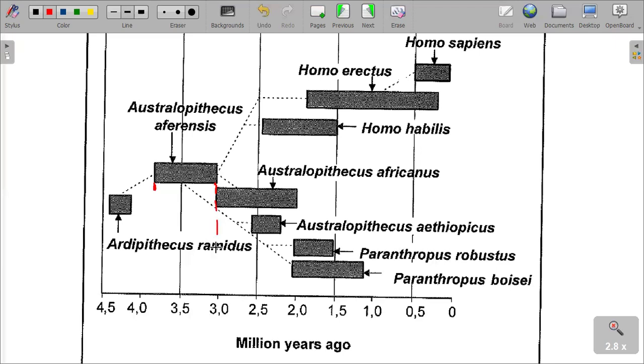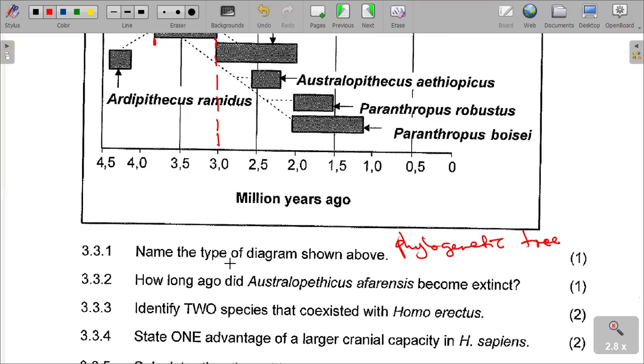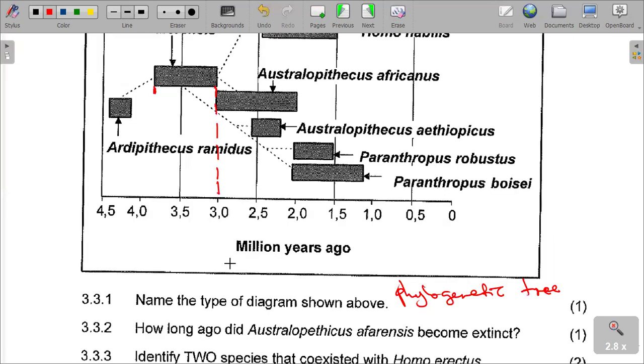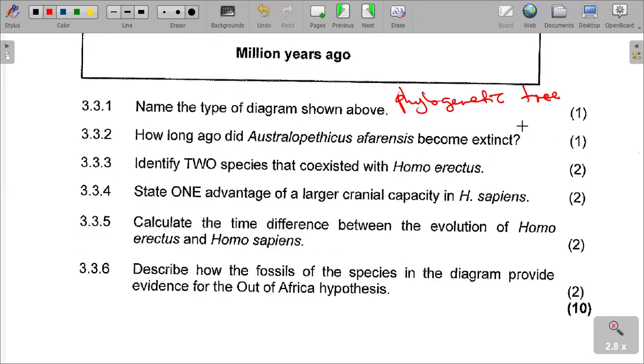So you can drop it down and then you can see that this is Australopithecus afarensis. So what is it? It is 3 million years ago, as you can read on the graph there. We can say 3 million or maybe 3.1. So I can possibly say that it's 3.1 million years ago.